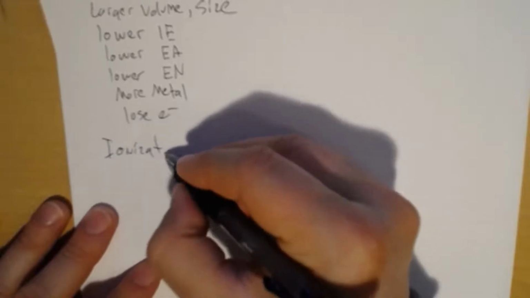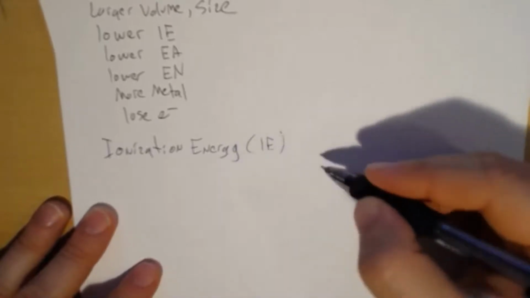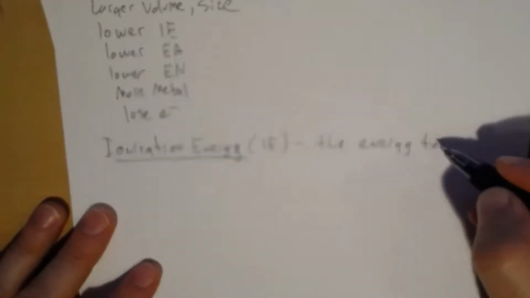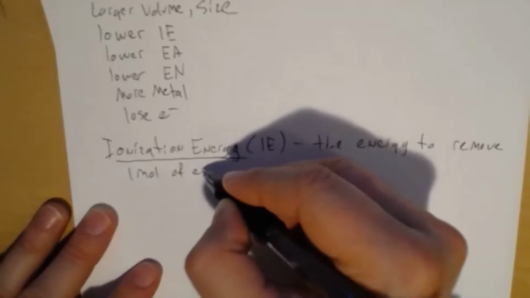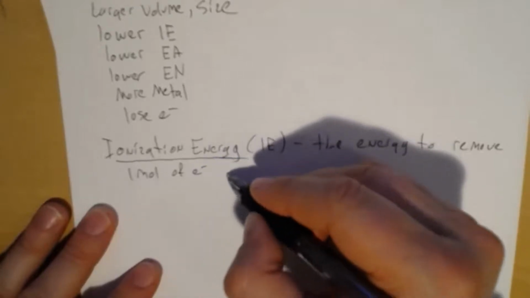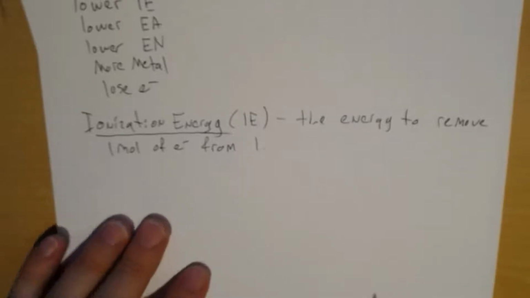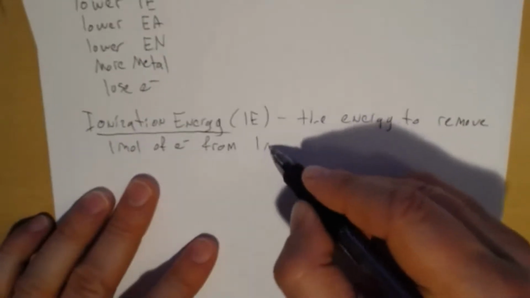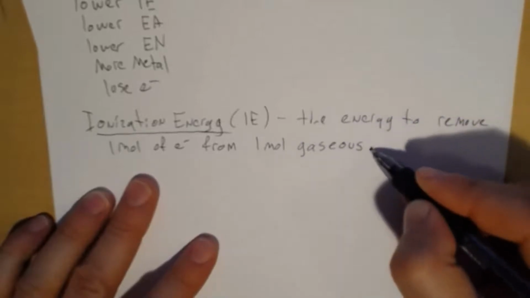Ionization energy, abbreviated IE, is the energy to remove 1 mole of electrons from 1 mole of gaseous atoms or ions.